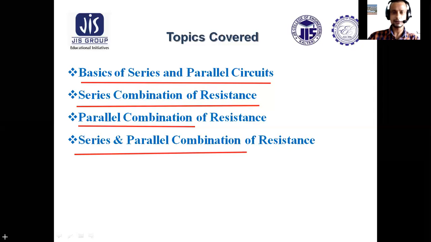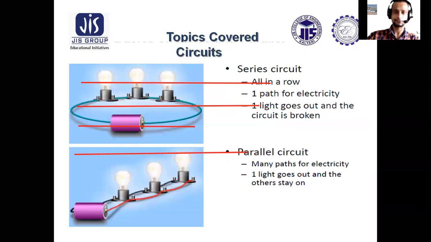So in today's class we'll be focusing on the calculations associated with series and parallel combination of resistances. In the next lesson, we'll discuss the same series and parallel combinations of inductors, capacitors, and energy sources. So let us start with why you need series connection or parallel connection.